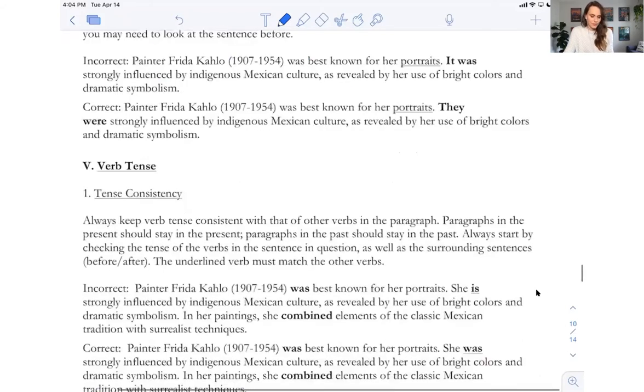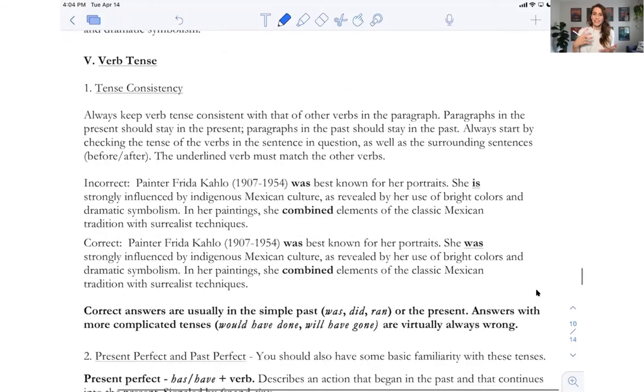Verb tense. So whenever I see a time reference, I'm going to think about my verb tense immediately. What do I mean by that?